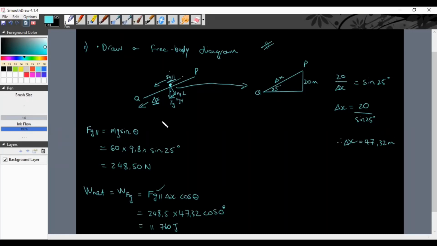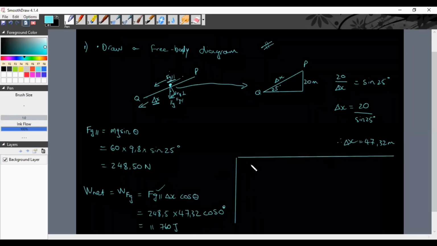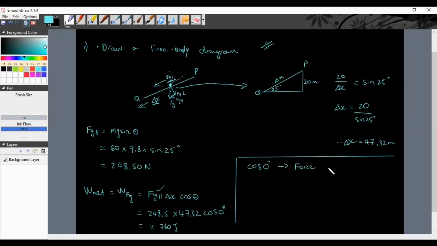Any further questions? JP, talk to me. What two components do you use? Friction and? I'm confused. Which two components are you talking about when you mention friction? Are you talking about the angle that forms with friction? Yeah, like we use cos 0 and cos 180. Give me one sec. So cos 0 degrees is where the force is in the same direction as delta x.